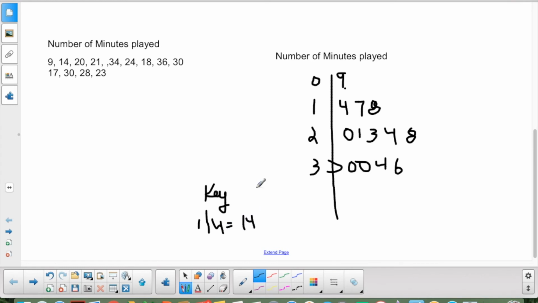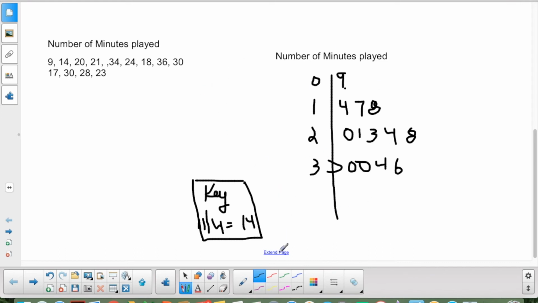In this case, since this says number of minutes played up here, I can just show that it is equal to 14. Every stem and leaf plot must be accompanied by a key. Now, I just messed up my 1. I'll put it in there. There it goes. So that's what it looks like.